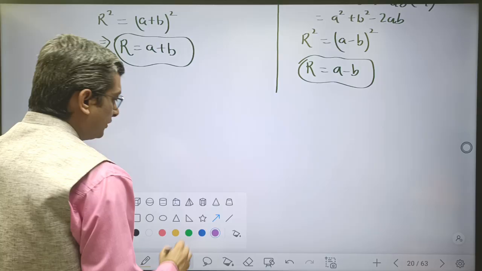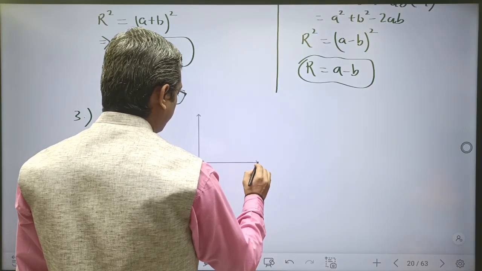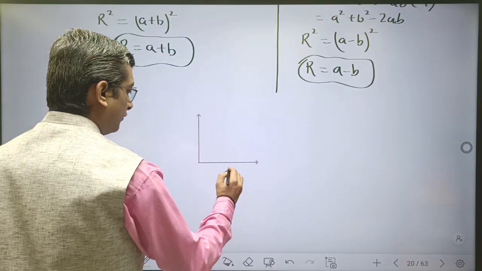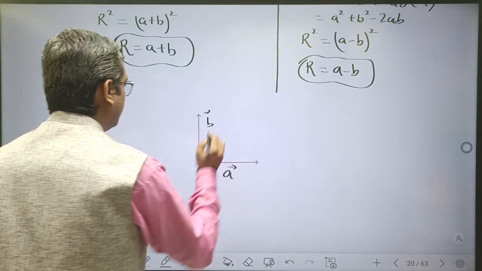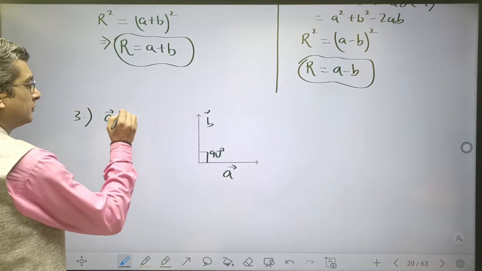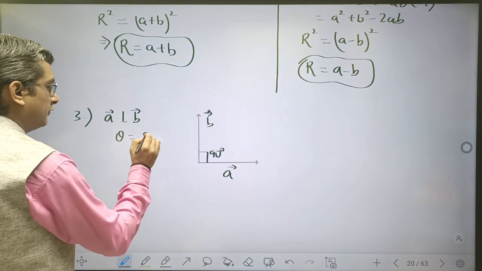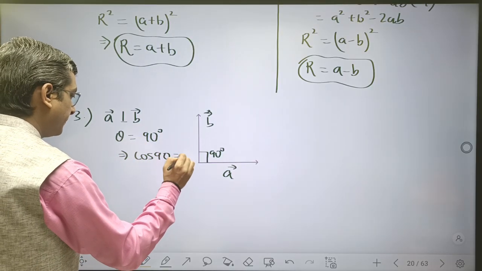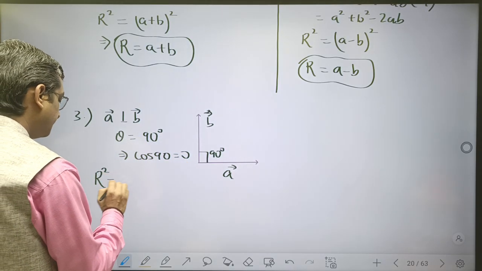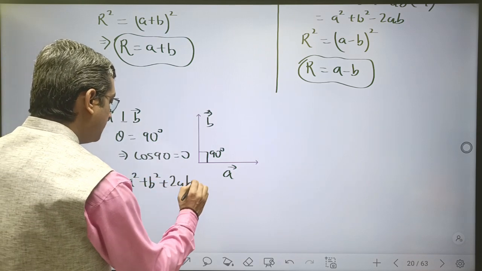when the first vector is perpendicular to the second vector. That is, suppose this is vector A, and at 90 degrees this is vector B. So in this case, A is perpendicular to B. So theta is equal to 90 degrees, which implies that cos 90 is equal to 0. So r square is equal to a square plus b square plus 2ab cos 90.